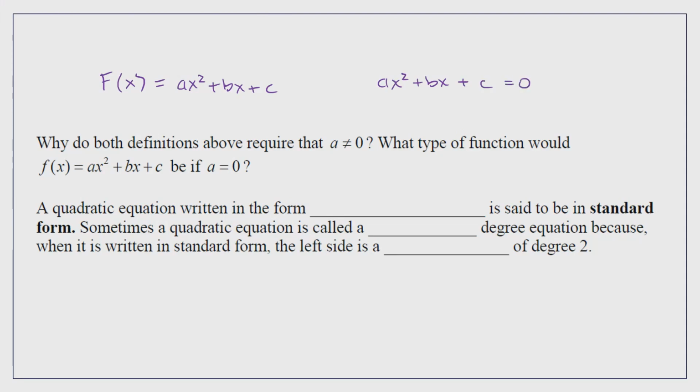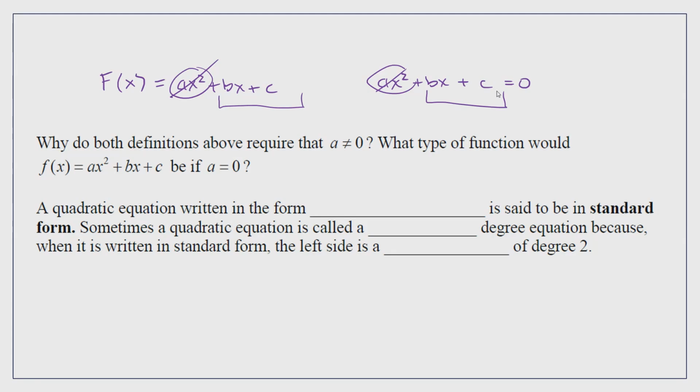Now, if a equaled 0, the leading term, ax squared, would disappear because anything times 0 is 0. That would just leave us with bx plus c in both the function and the equation formats. Bx plus c is no longer a quadratic function.